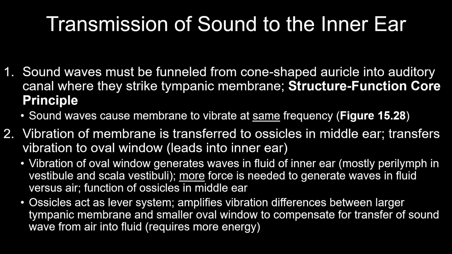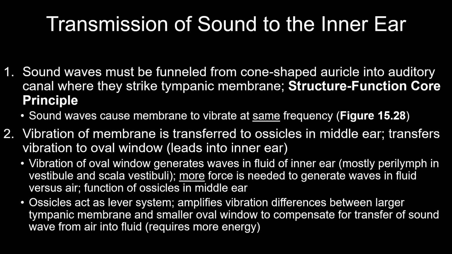But what actually happens when sound hits the ear? Okay, when these sound waves hit the ear, well, the vibration has to get funneled down through our external ear, that cone-shaped auricle, into the external acoustic meatus.